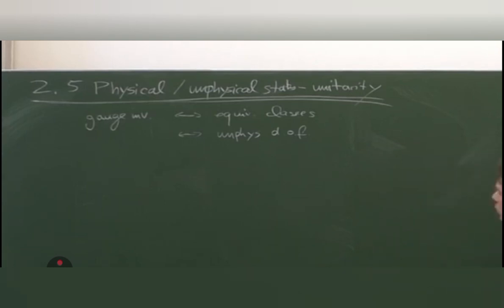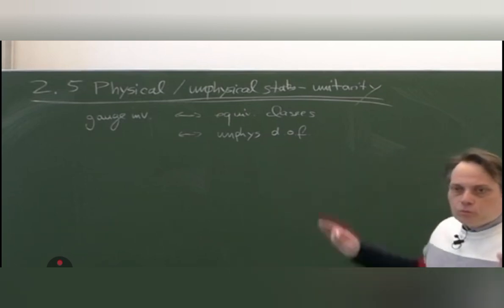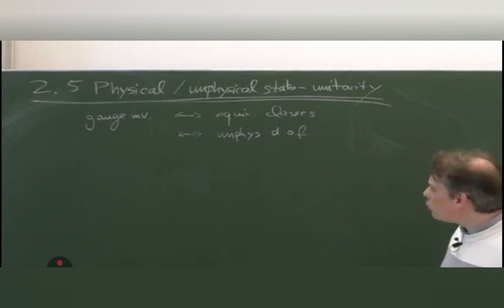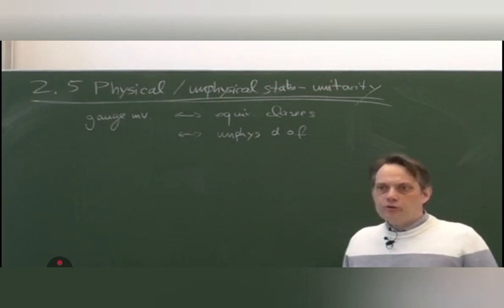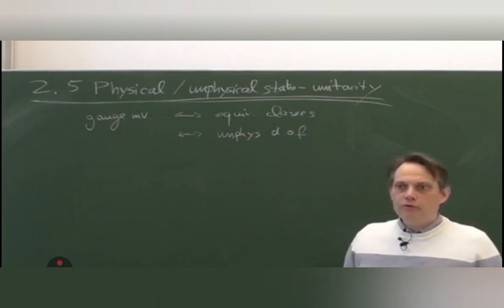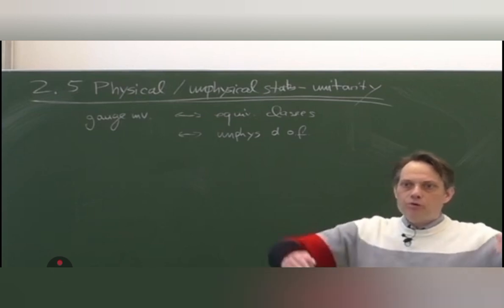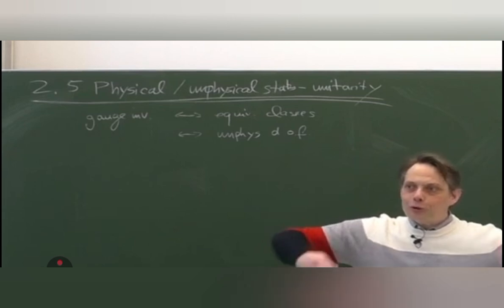So as a motivation, let's think again a little bit more broadly. The meaning of gauge invariance really is that physics is described by equivalence classes. That is already the case on the classical level, where you can do a gauge transformation which changes the field but does not change the physics.